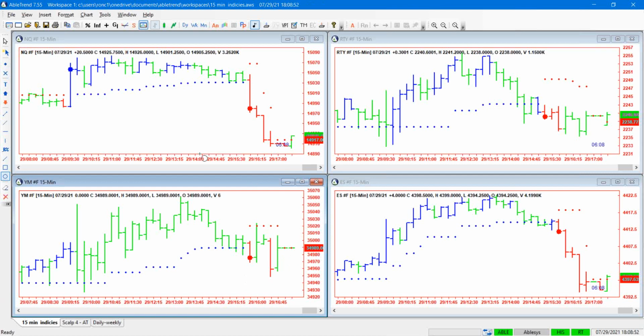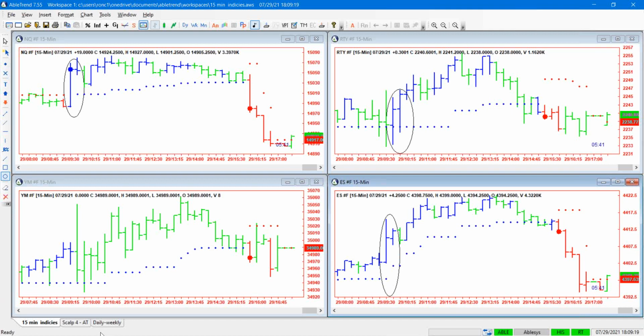So I always like to keep an even number of charts in each workspace. But I'm constantly looking at the 15-minute chart, because I think it just gives you good direction. You can see the 15-minute chart was clearly on a buy signal when the market opened, on all three indices right here. It's 9:30 Eastern time. The way you read the chart is 29 is the day of the month today, and then 9:30 is the open.